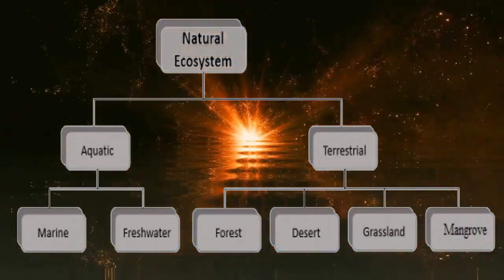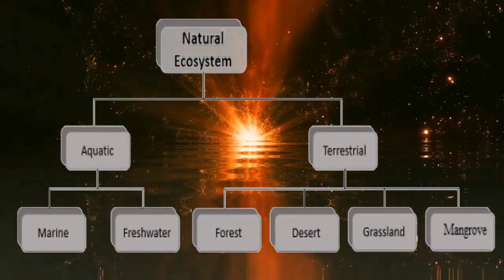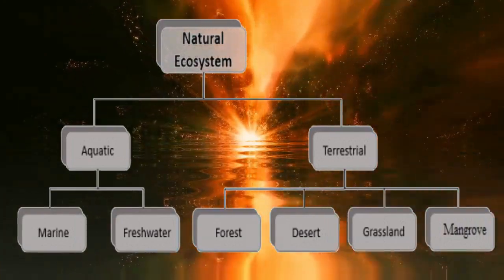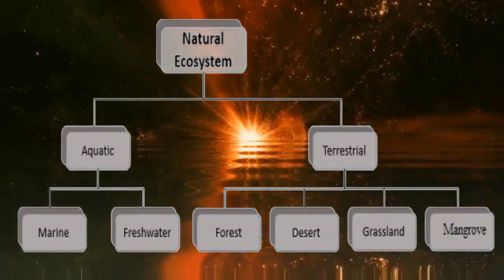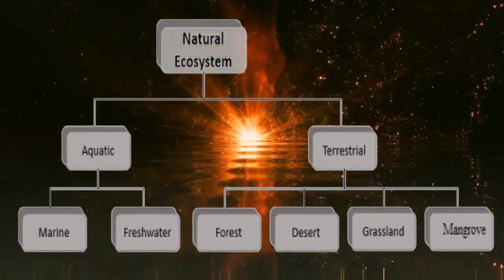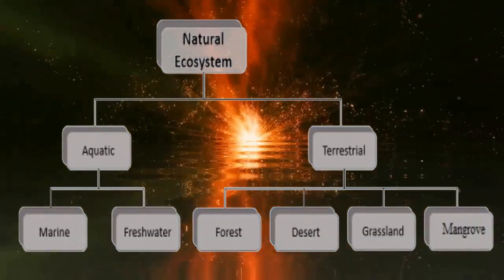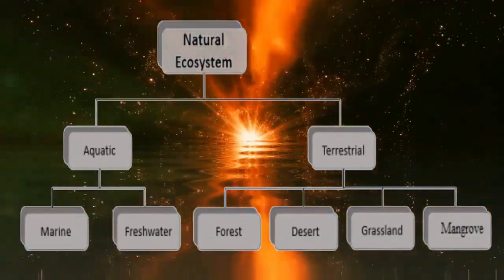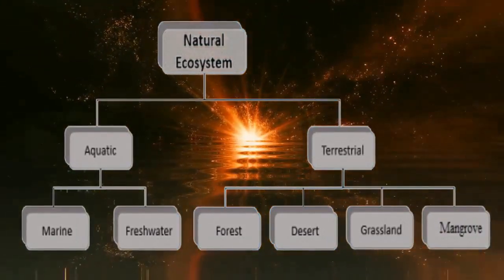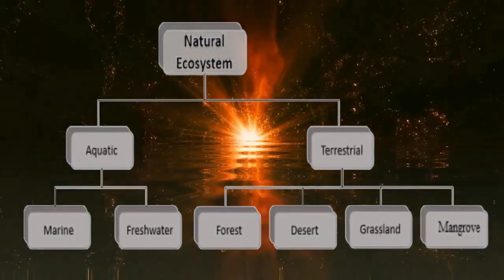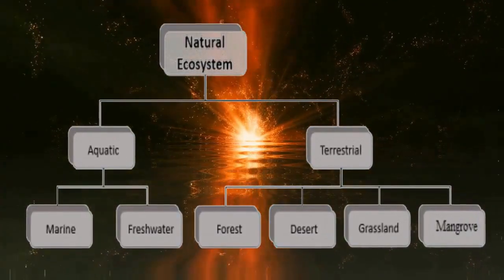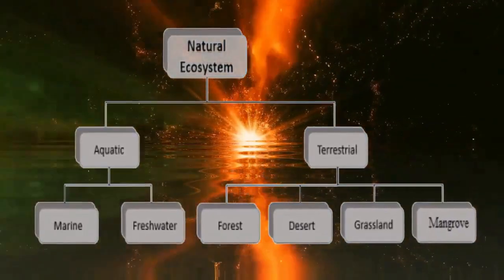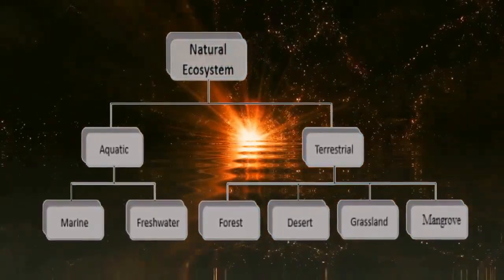Whenever we are discussing any ecosystem, first of all, we need to see what different types of biotic and abiotic components are present in that particular ecosystem, right? So whenever we are describing any ecosystem, we describe the biotic and abiotic components present in it, because without that nothing is present. So we need to find out what biotic and abiotic components are present here, right?